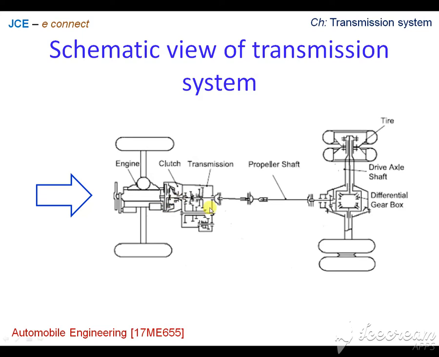Further to this clutch we have a transmission, which is basically a set of gears. It's also called a gearbox, which facilitates operating at different speeds.